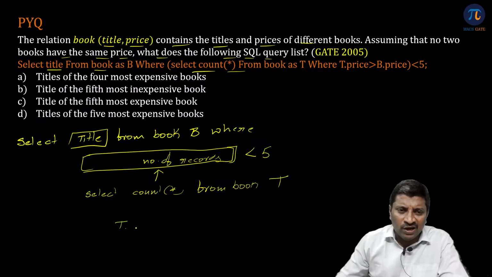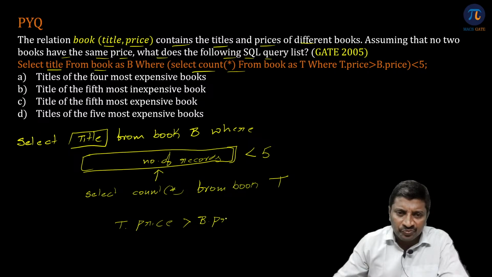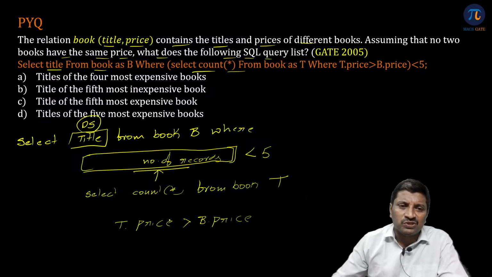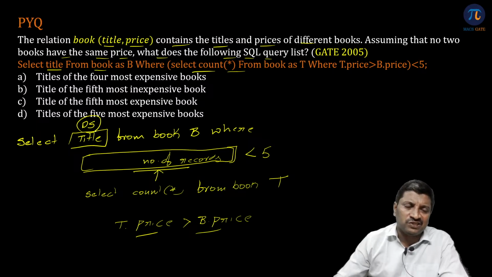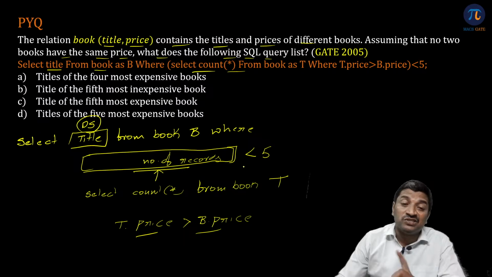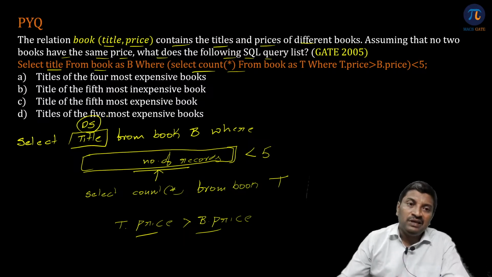you are listing the books whose price is greater than my selected book. Suppose I selected the data structures book here. Internally, I will list out all the books whose price is greater than my data structures price. If the number of records in that list is less than 5, then I will display DS.